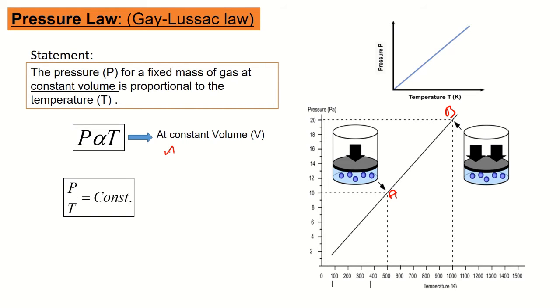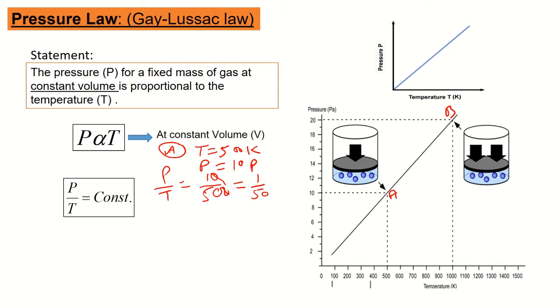At the point A, say the value of the temperature is 500 Kelvin, and the pressure value is 10 Pascal. Now you take the ratio of P over T. This pressure is 10 and the temperature is 500, and the ratio is 1/50.